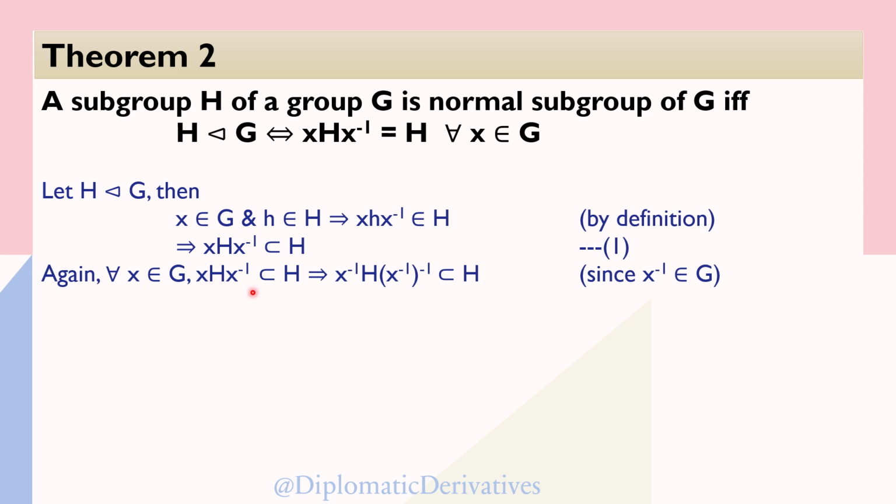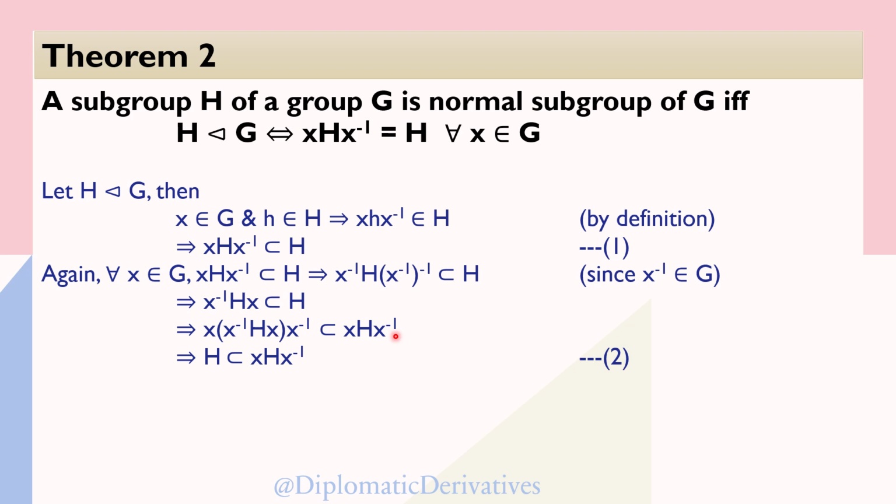So in place of X, you can write X inverse, H remains as it is, and X inverse becomes X inverse inverse, which becomes X. So you can write X inverse H X is a subset of H. Now you take X and X inverse on both sides. So this X inverse X becomes E, and this becomes E. You're left with H on this side and X H X inverse on the other side. Let's suppose this is statement number 2.